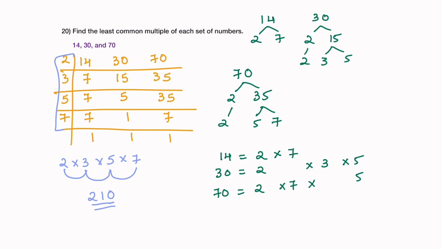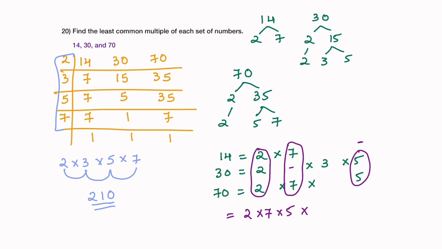Right? So now we get the common factor. So that's 2. And then here we can do the 7 also, though there is no 7 here, because we are doing least common multiple. And same thing here, we take 5 here, though 5 is not here, because we are doing least common multiple. So we say this is 2 times 7 times 5 times 3.